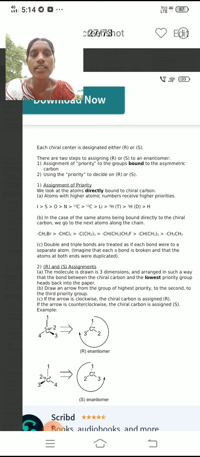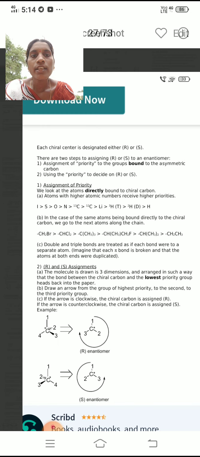The chiral center or asymmetric center is designated with a star mark and we give priorities to the groups bonded to the asymmetric center, according to the CIP rules.